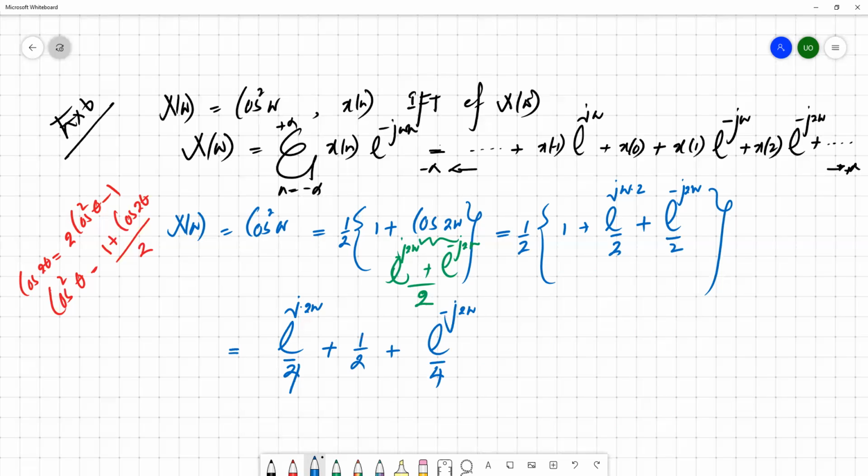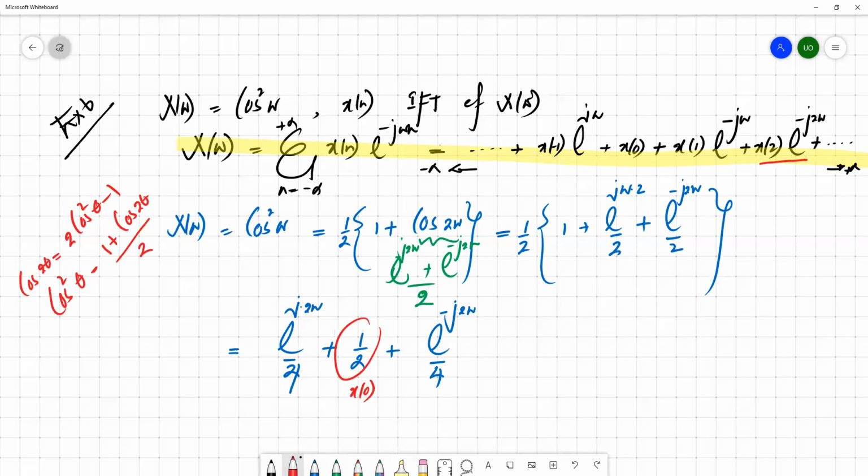Then you can just compare this with the expanded version of this. See, this is x[0], so this becomes x[0]. Then here 2 omega, so you can just plug it here.